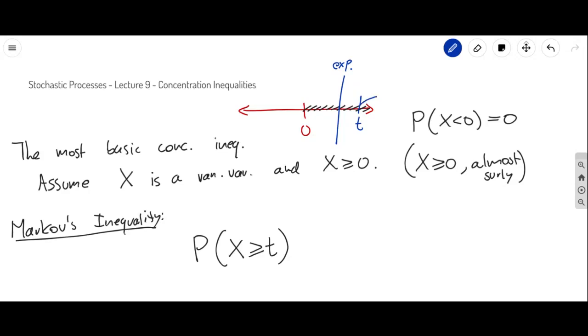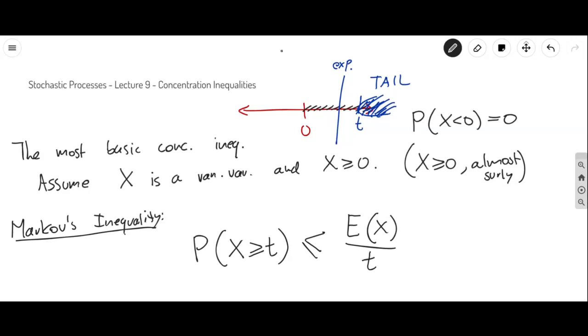And we're asking, what is the probability that we end up in this tail? We're not supposed to be here. We're supposed to be somewhere around the expectation, especially if this t is a large number, substantially larger than the expectation.